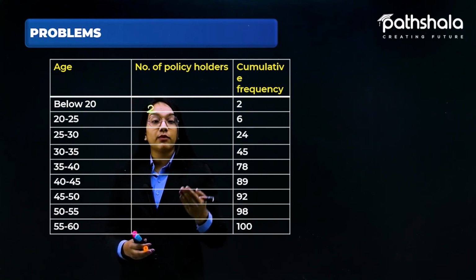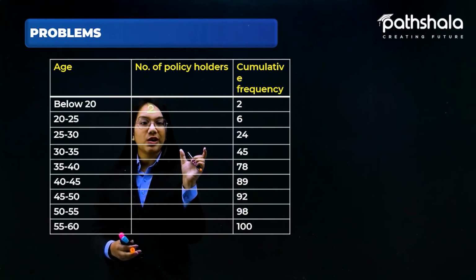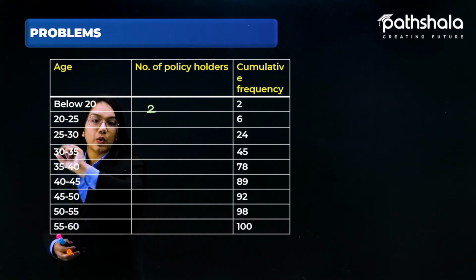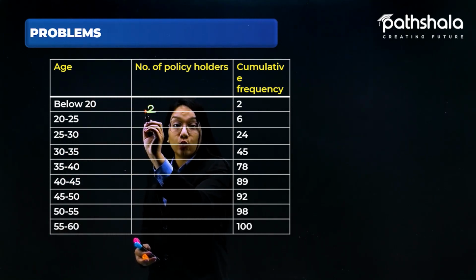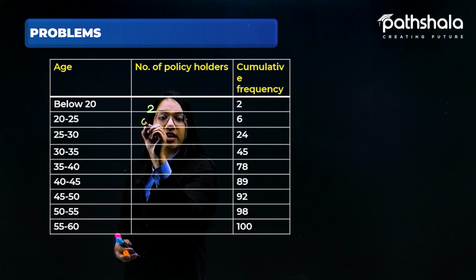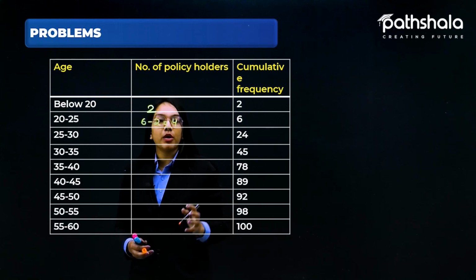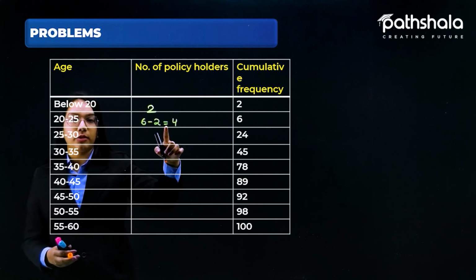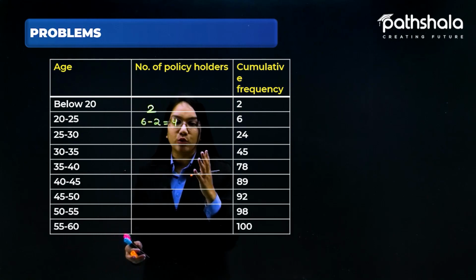But now we are taking the interval from 20 to 25, so we are talking about the policyholders lying only in this interval. Below 20 the number was 2, and below 25 it was 6. So 6 minus 2 is equal to 4. It means the number of policyholders between the ages of 20 to 25 is 4. This is the way we are transforming our table.